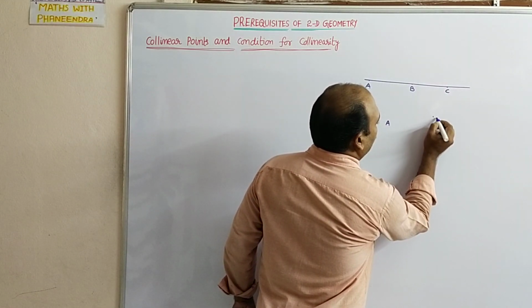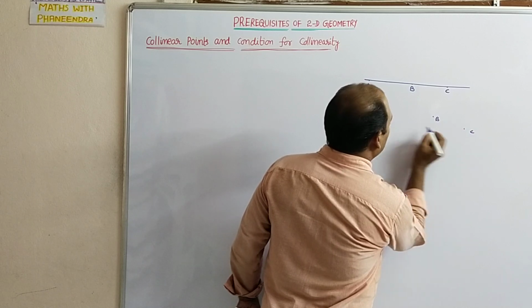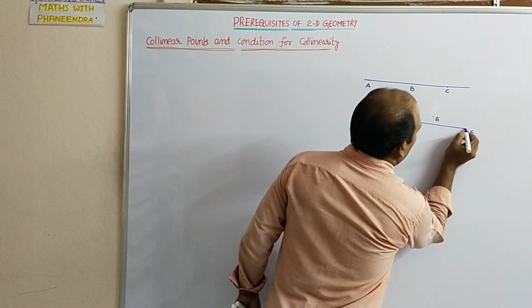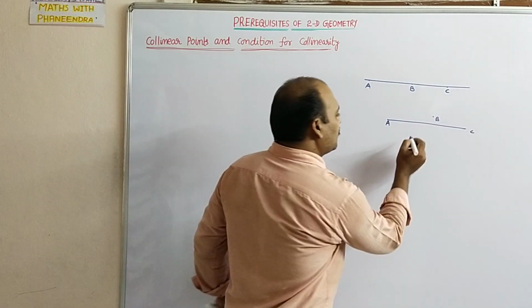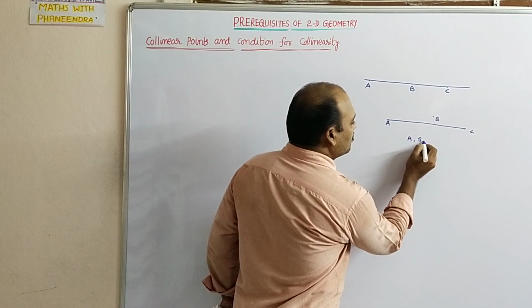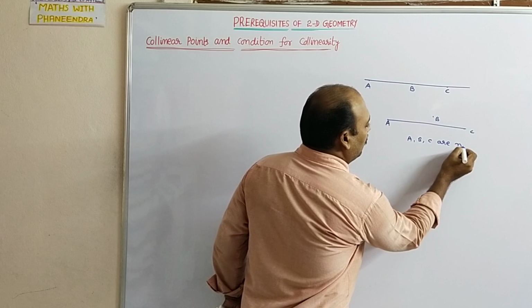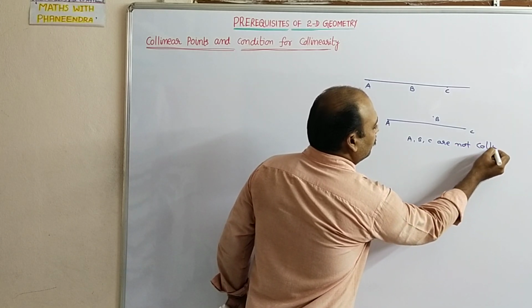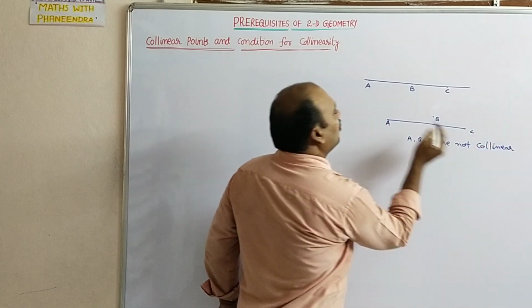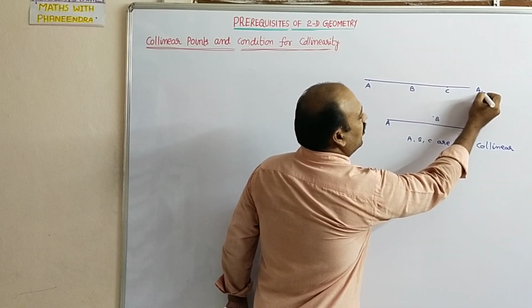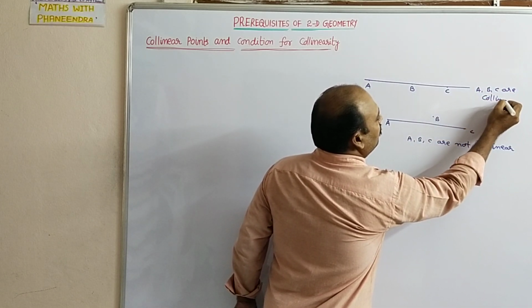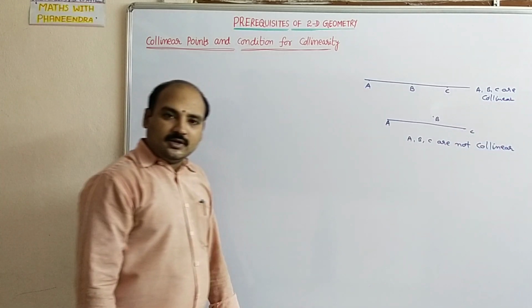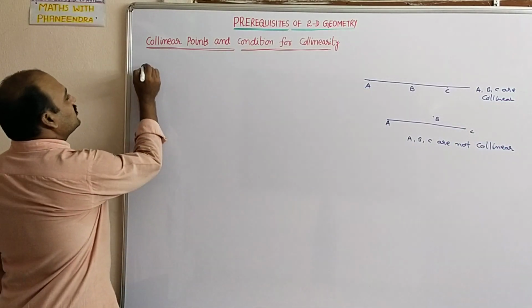A point, B point, C point. Now this is not collinear. In this case, A, B, C are not collinear. Here A, B, C are collinear. That means 3 or more points.